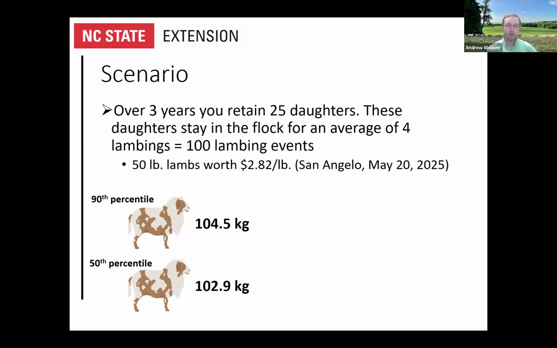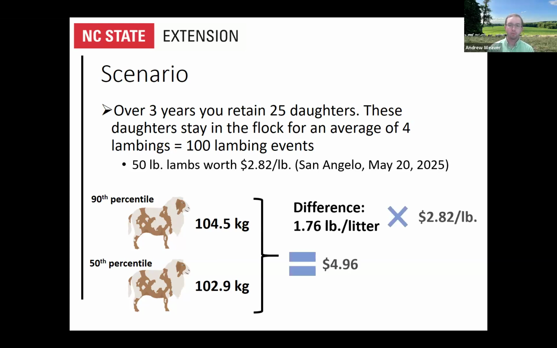I looked up 50-pound lambs last week. We're selling for $2.82 at San Angelo. And so, what value might the ram on the top offer compared to the ram on the bottom? So again, similar math to what we just showed. The difference here in expected litter weight would be 1.76 pounds multiplied by the market value of those lambs at 50 pounds, which would be $2.82.